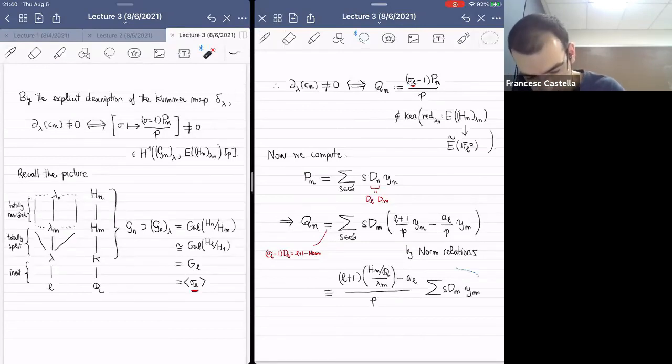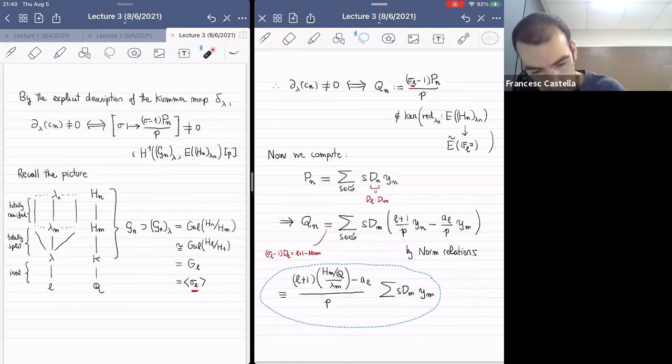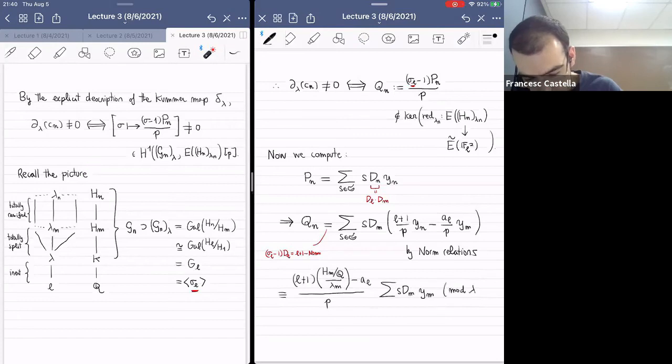Let me move that to the left. So this is a congruence mod lambda_n, and this is running over this S. Now this term that we have on the right is nothing but the point P sub m, by the congruence relation.